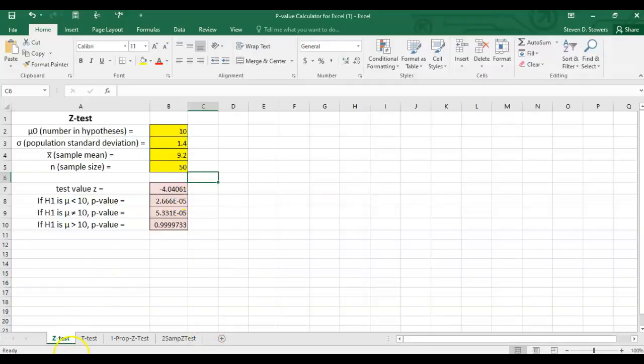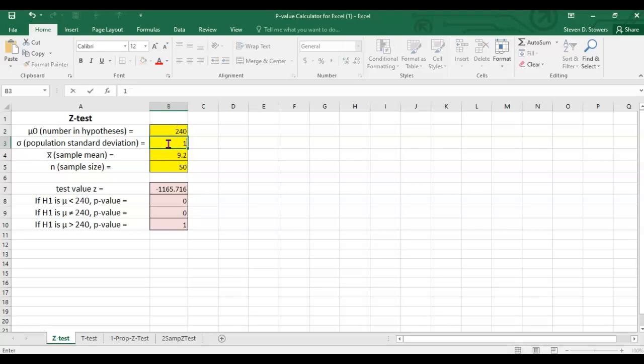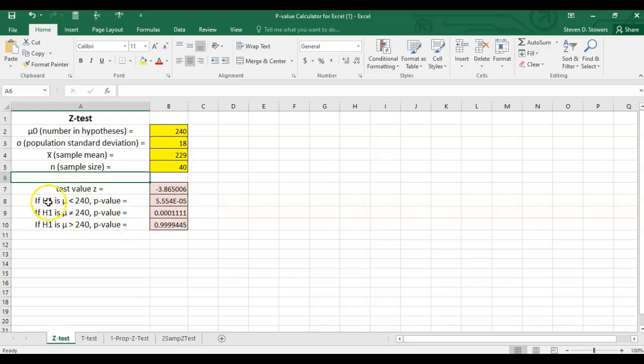If we did this with the Excel spreadsheet, make sure you're on the z-test tab. Mu0, the number in the hypotheses, was 240. Sigma, the population standard deviation, was 18. X bar, the sample mean, was 229. N, the sample size, was 40. And H1, the alternative hypothesis, was mu is less than 240.